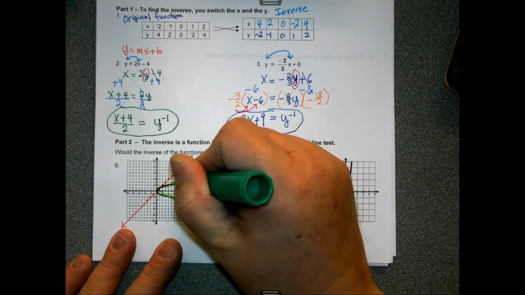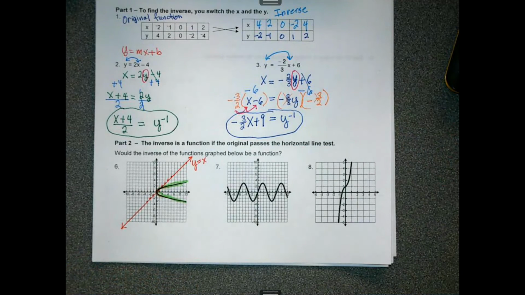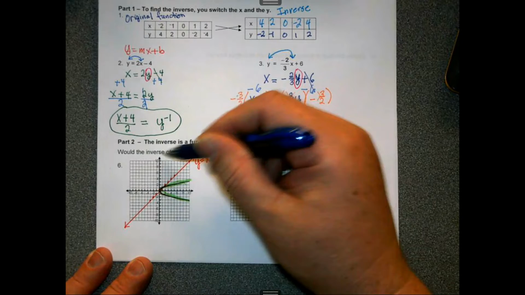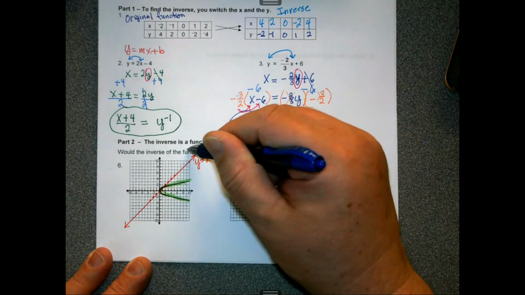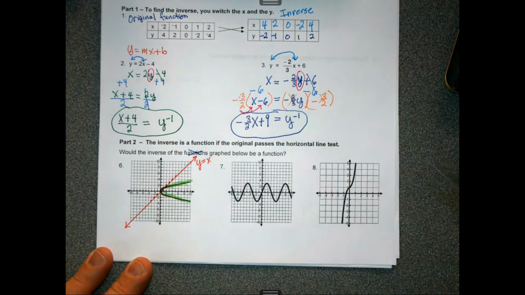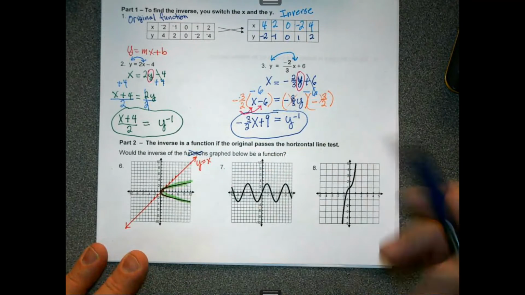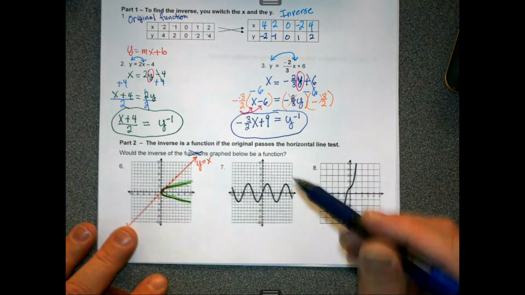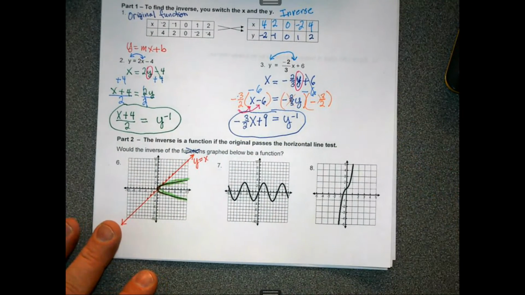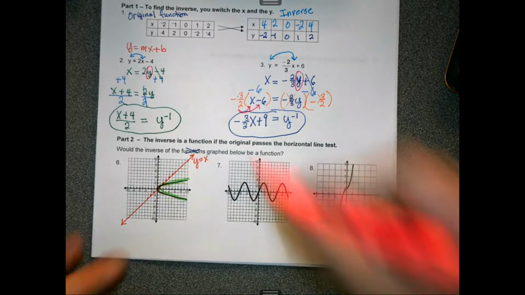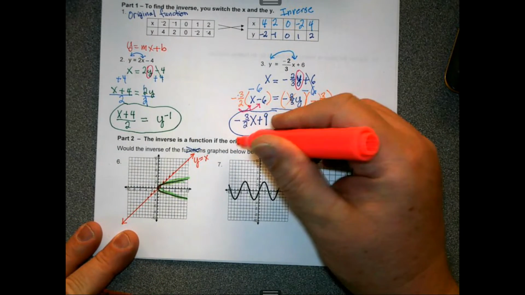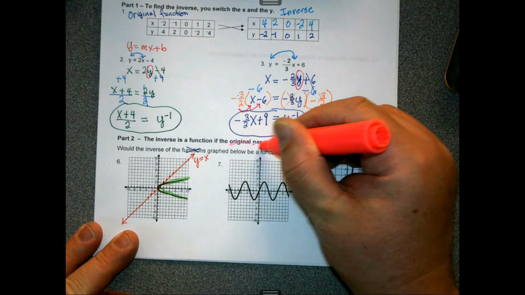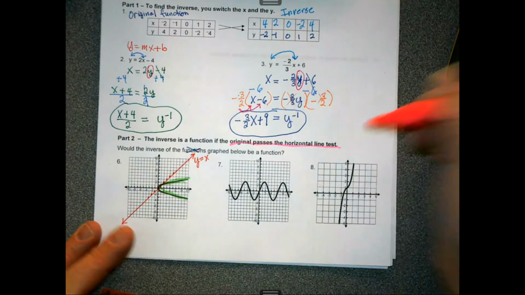No. It does not pass the vertical line test. So with the inverse of the function's graph below, these are not all functions, okay? This one is not a function. It says the inverse is a function if the original graph passes the horizontal line test.